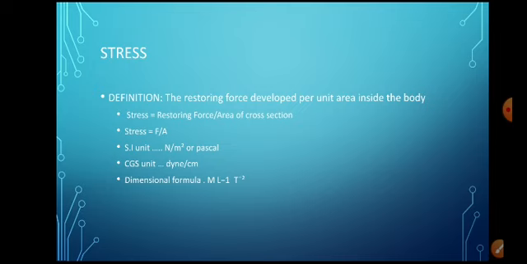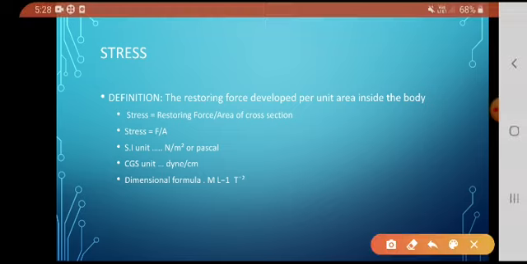Something happens. So some force is automatically set up internally within the body, an internal force set up in the body, that is the restoring force. When you apply some load or deformation force, a restoring force develops inside the body.